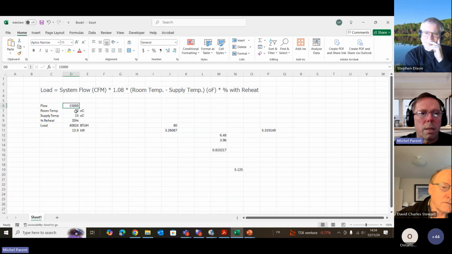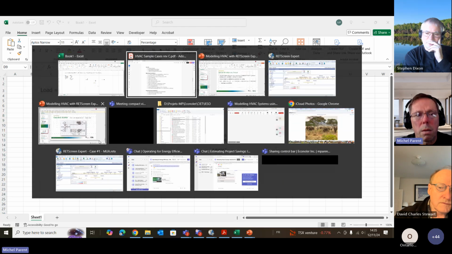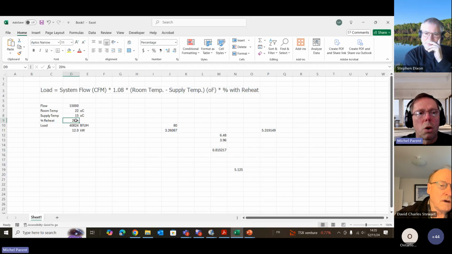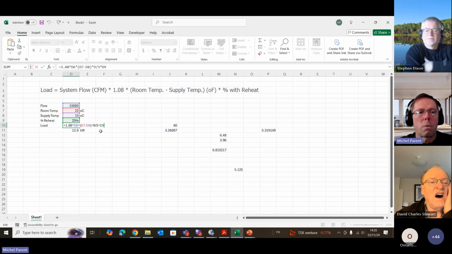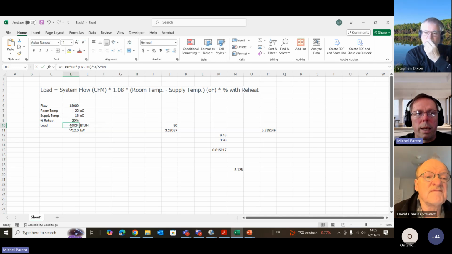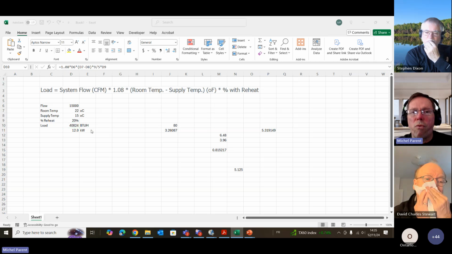So 15,000 CFM, 22 room, 15 supply. What's the percentage of reheat? It's 20%. So if I apply this equation, I just entered it in Excel. It gives me 40,824 BTU hour of reheat.